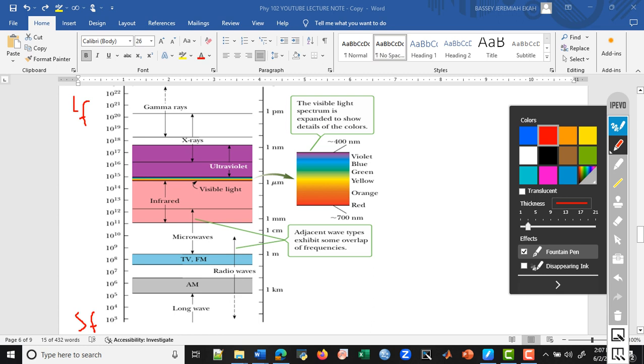We'll start from radio wave, microwave, and infrared. And then for the short wave, we'll mention UV ray, X-ray, and gamma ray. So for the long wave, we'll mention radio wave, microwave, and infrared and visible light.